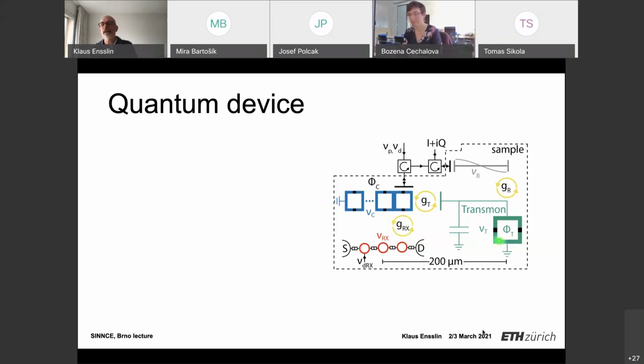Then on the right-hand side, there's a superconducting qubit, which is a squid made of aluminum technology. This is what is called a transmon. This transmon is also coupled to the squid array resonator with this coupling strength GT. And then you see yet another coupling, which is this one here. That's the GR. So there is yet another resonator here that is used to read out everything.